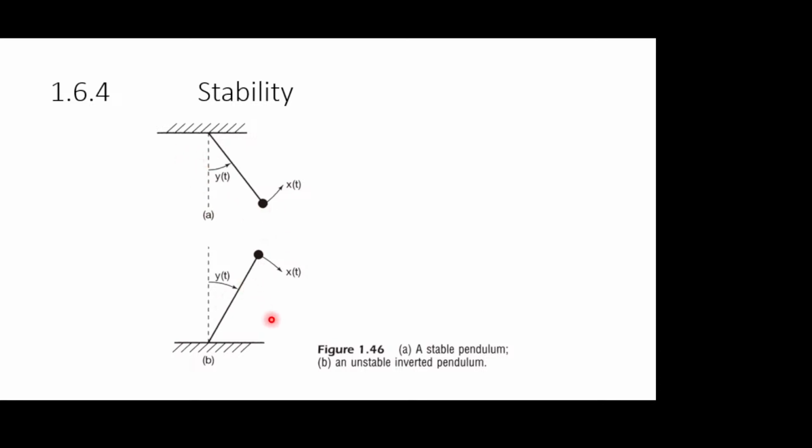Let's say we have a pendulum hanging from the top, going back and forth. We think this thing is quite stable: you kick it a little bit and it will still just oscillate around here.